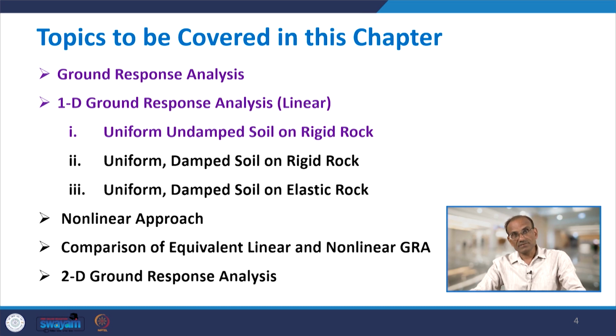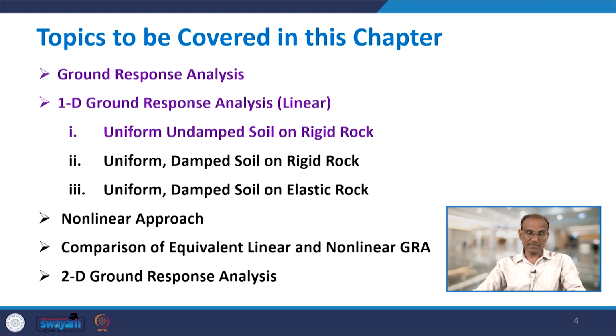So, these 3 will be covered in 1D GRA. Then we are going to talk about the nonlinear approach, then comparison of equivalent linear and nonlinear ground response analysis, and finally 2D ground response analysis. So, out of the 4 lectures of this chapter 1 of module 3, this violet color will be covered today, that will be lecture 1.